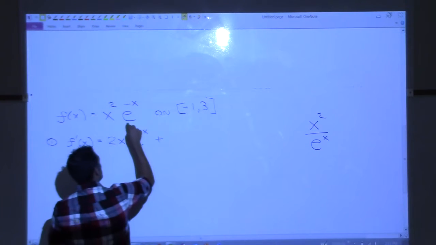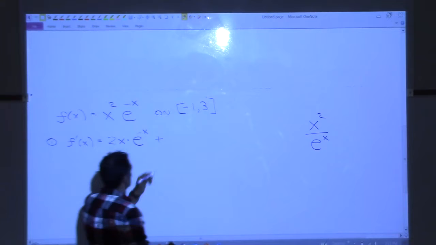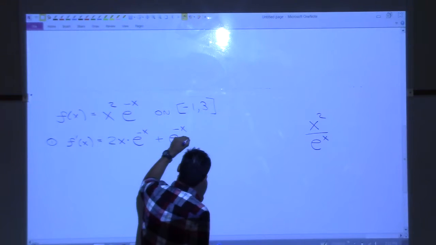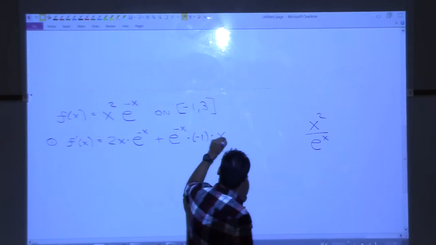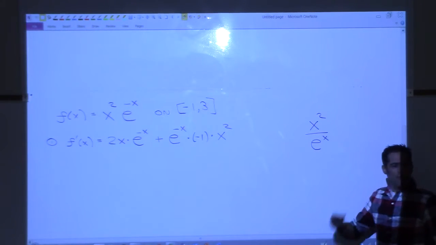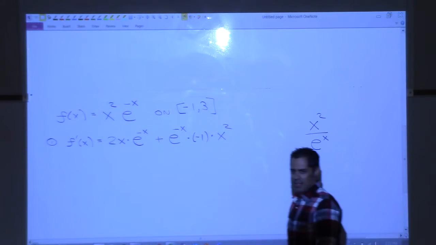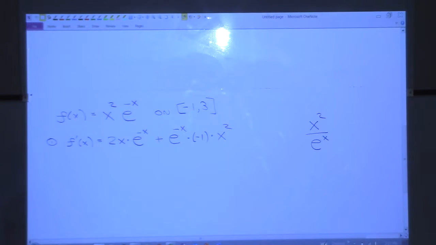Plus the derivative of e to the negative x, which is e to the negative x itself times the derivative of what's up here, negative 1, times the x squared. If you mess up the derivative, it's over, right? So we have to be very proficient and careful with this.